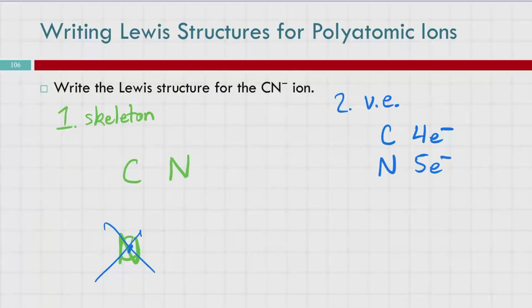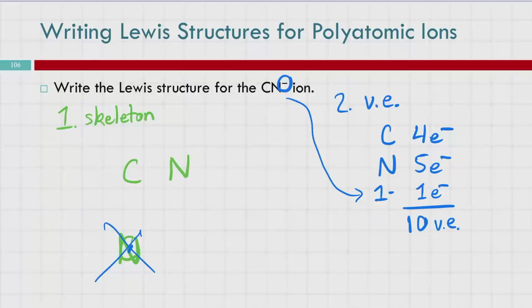Anything else we need to consider for our number of electrons? An extra valence electron gets us a negative. Yeah, we have a negative charge. Got a 1-, and that's going to be 1 electron. So that gives us a total of 10 valence electrons to work with.